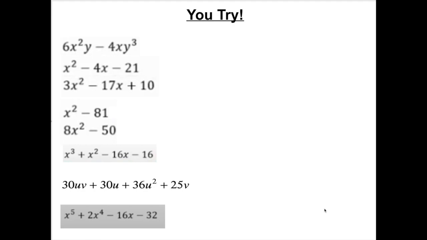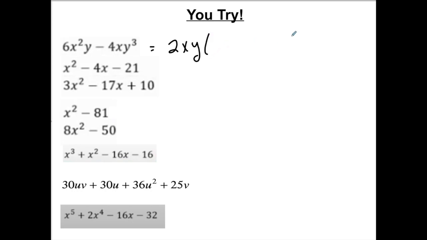Okay, so the first one is basically just a GCF kind of problem. Here, the biggest number that can go into the coefficients is 2. And I'm not quite ready to drop that parenthesis because each of them has an x, and each of them has a y.